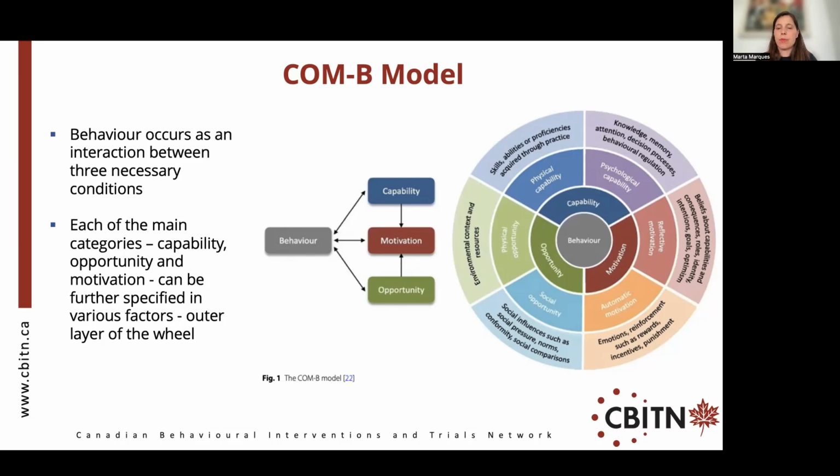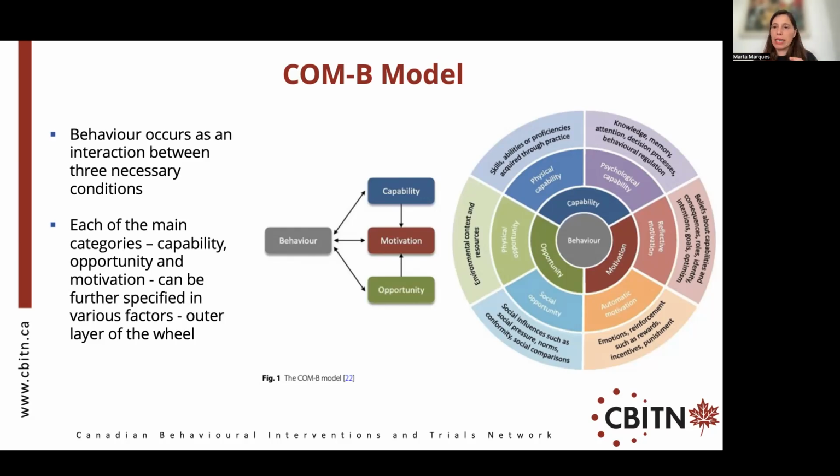These are aspects of capability, both physical and psychological capability; motivation, both reflective and automatic motivation; and opportunity, social and physical opportunity.